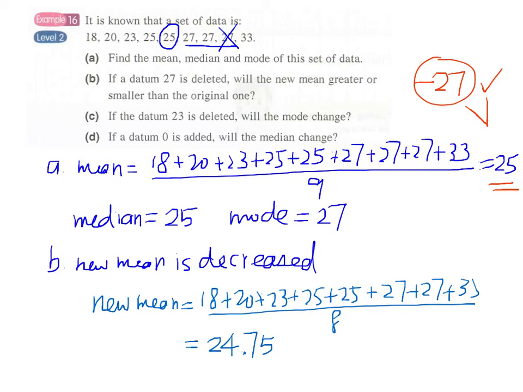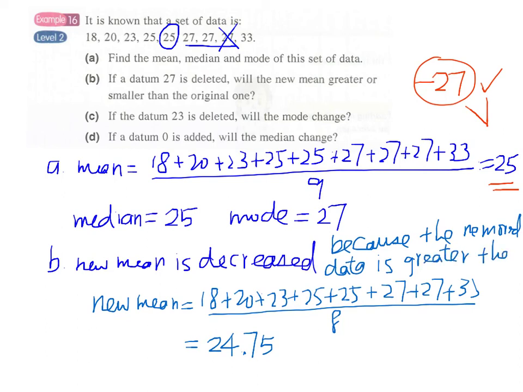But actually, in our prediction, we base on the comparison of the data to remove and the original mean. So therefore, the new mean is decreased because the removed data is greater than the original mean. This is our rationale, our reason.